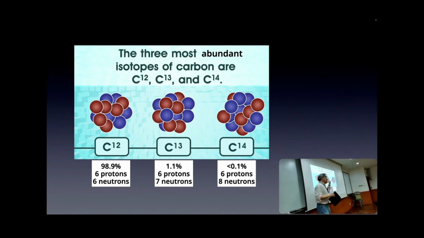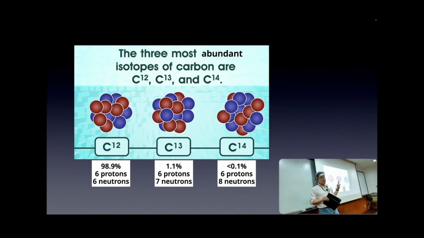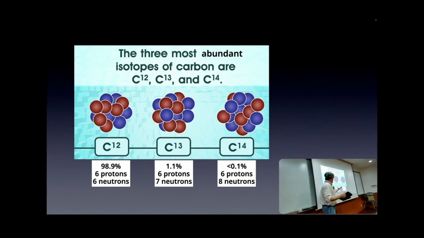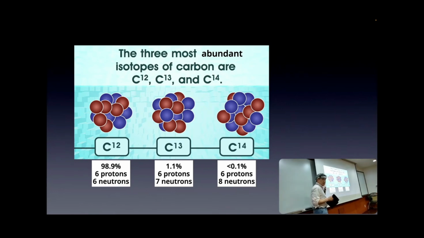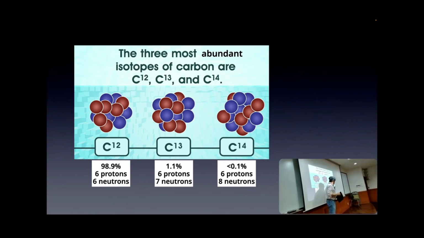So these three are the major carbon isotopes. And as you can see, C12 is the most predominant isotope. However, C14 is another very important carbon isotope.